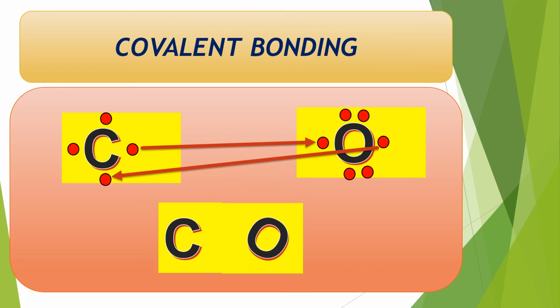And the stable balance of attractive and repulsive forces between atoms when they share electrons is known as covalent bonding. So the bond between carbon and oxygen is a double bond. So it is a sharing of electrons to achieve stability. The most stable atom has 8 valence electrons in the outermost shell.